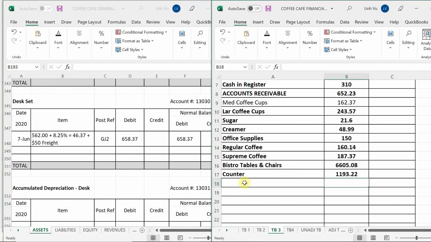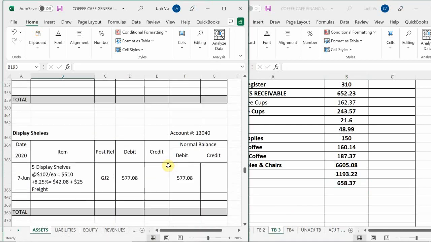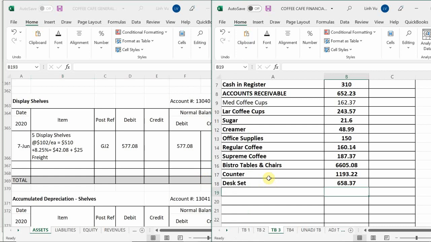Desk set, 658.37. Display shelves, 577.08.